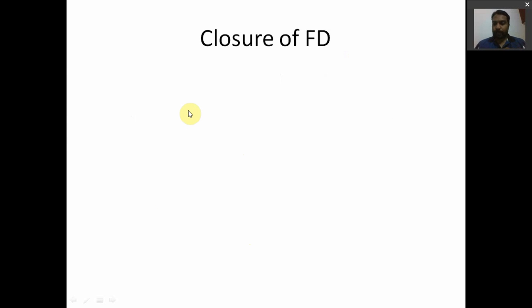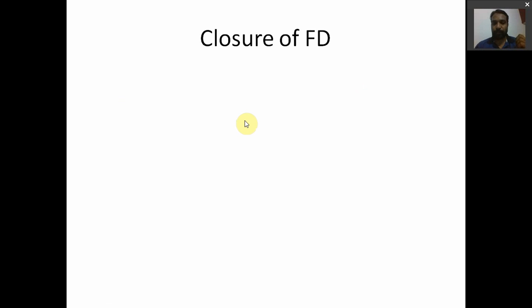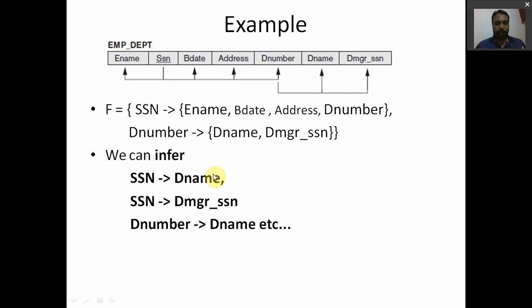So closure of a set F of functional dependencies is denoted using F plus. It is the set of all functional dependencies that can be inferred from F. We have inferred only 3 functional dependencies, but there may be 15 or 20 that can be inferred from this set.